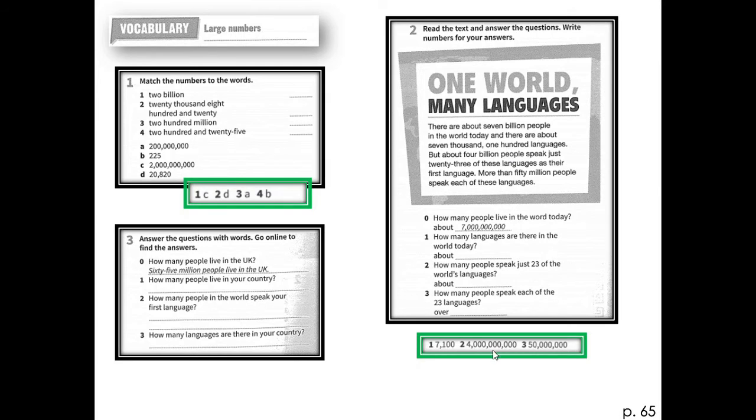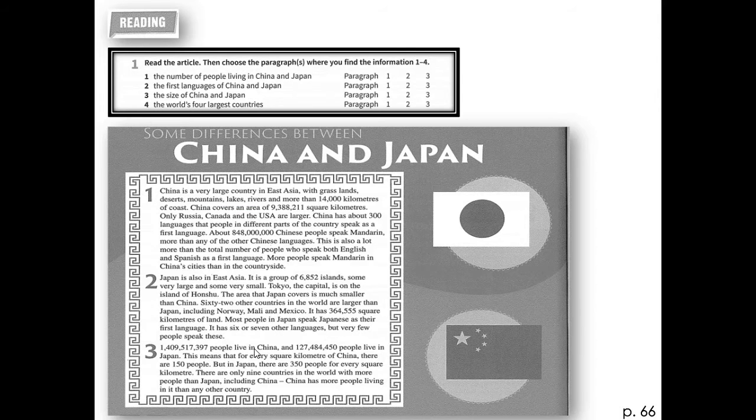So here, 4 and then 9 zeros. 1, 2, 3, 4, 5, 6, 7, 8, 9. Next one, how many people speak each of the 23 languages? Over 50 million people. So 50 million looks like this. Alright, next one.